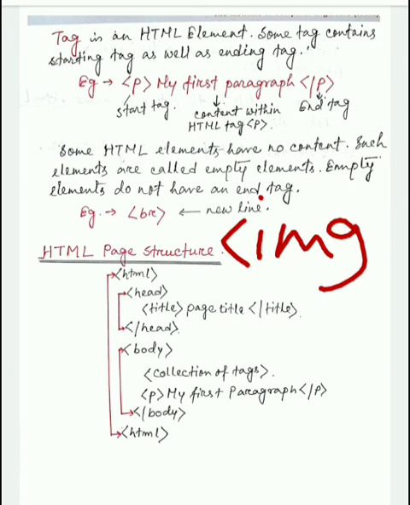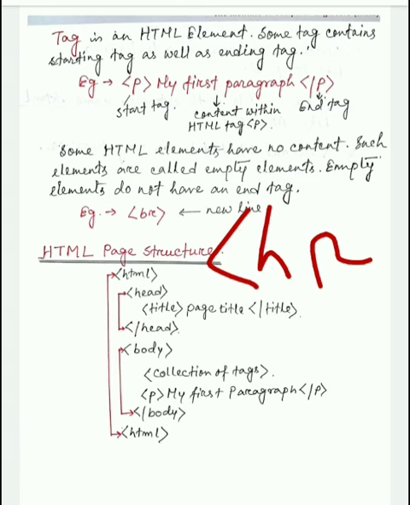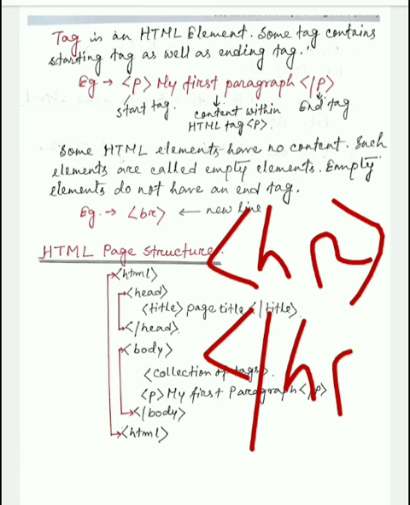Image tag. This is also an empty tag. It does not need any closing tag like /image. Okay, only image is okay. This is an empty tag. Another tag is HR. The HR tag is also an empty tag. That means it does not need any closing tag like this.